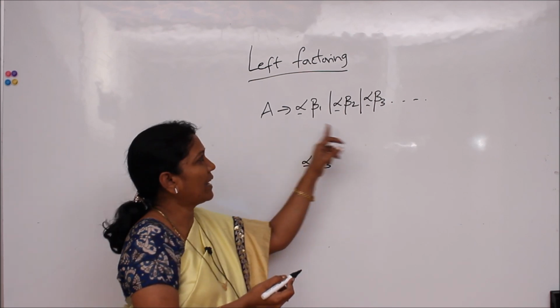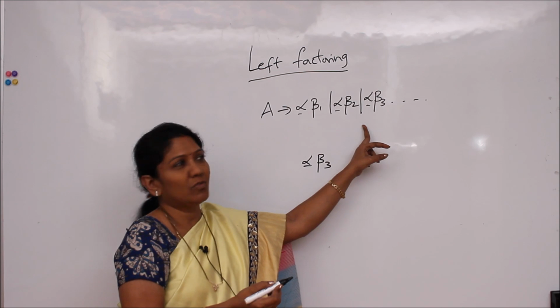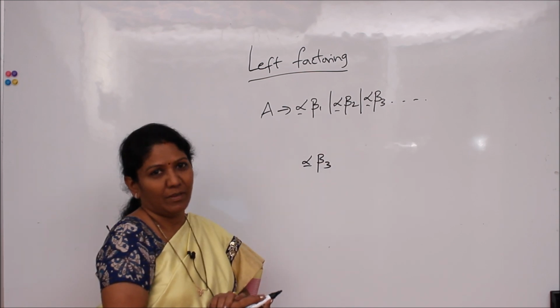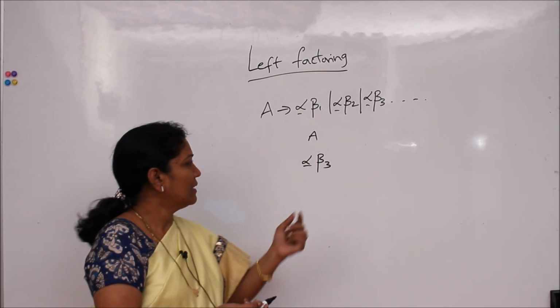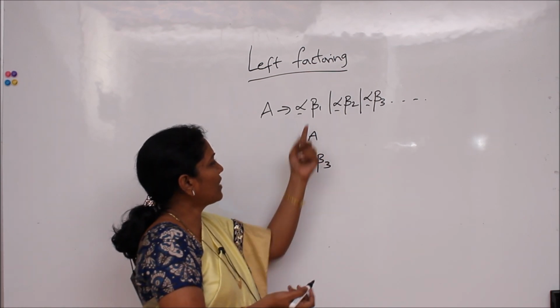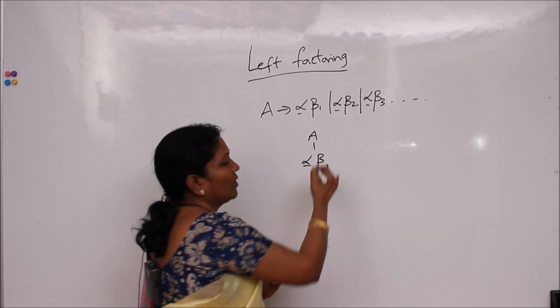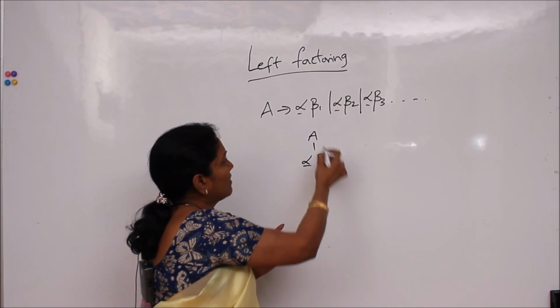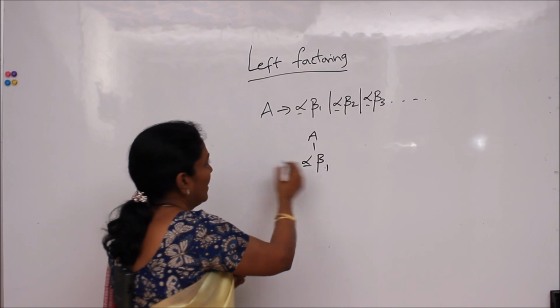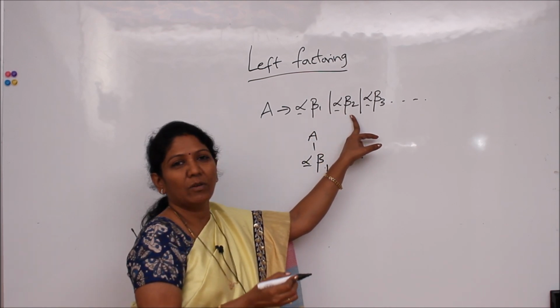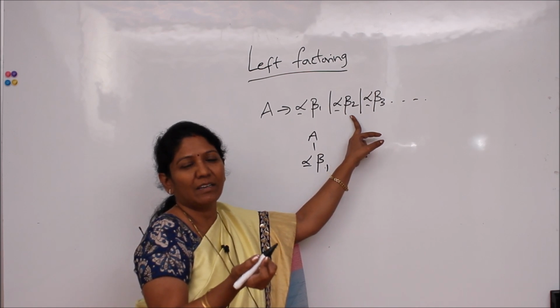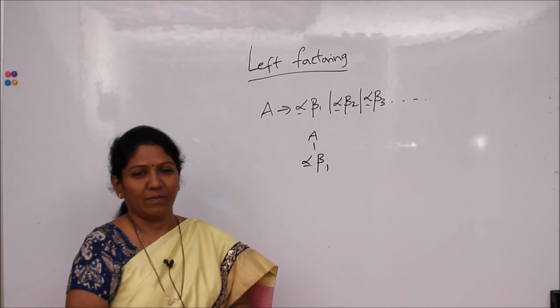Looking at alpha, it has to choose which alternative production to use for expanding A. Since alpha is a common prefix, if you start with alpha beta 1, you will realize after seeing the next string, that is beta 3, that it is not the right choice. Or if you go with alpha beta 2 also, by looking at the second string, you will realize later it is not the right choice.